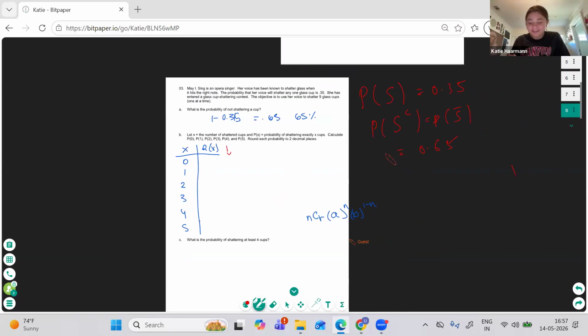How do you find the a and the b and the n? N is the total. There's a total of 9 glasses. So that's n: 9C, and then the r keeps on changing. That's your X value. So 9C0: you're breaking 0 cups from those 9. You're breaking 1 cup from those 9, so that's 9C1. And then 0.35 is the a, and 0.65 is the b.